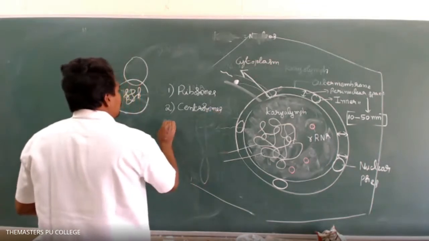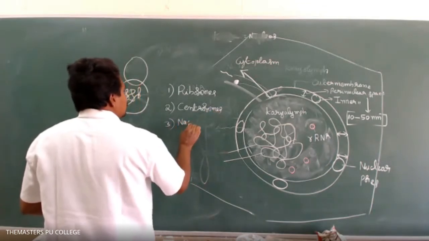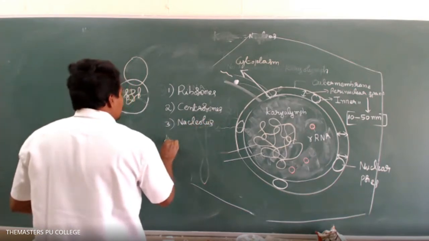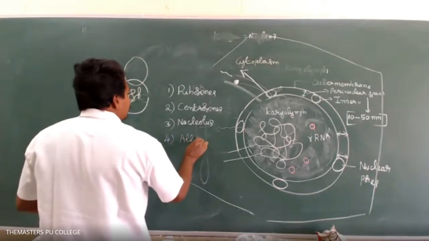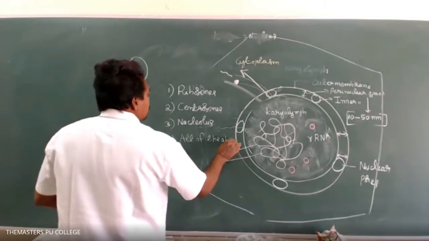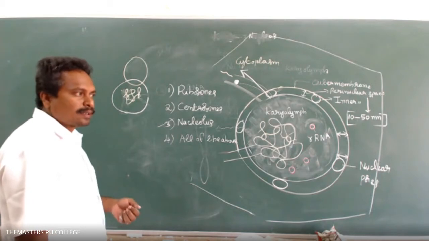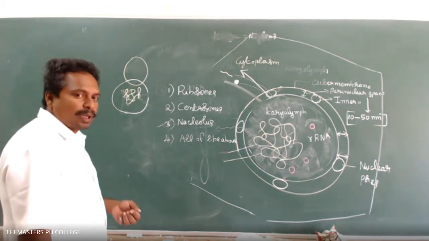Option 3 is nucleolus. Option 4 is all of them. Option 3, nucleolus. Very good. Option 3 is the correct answer. The nucleolus is involved in the synthesis of ribosomal RNA.